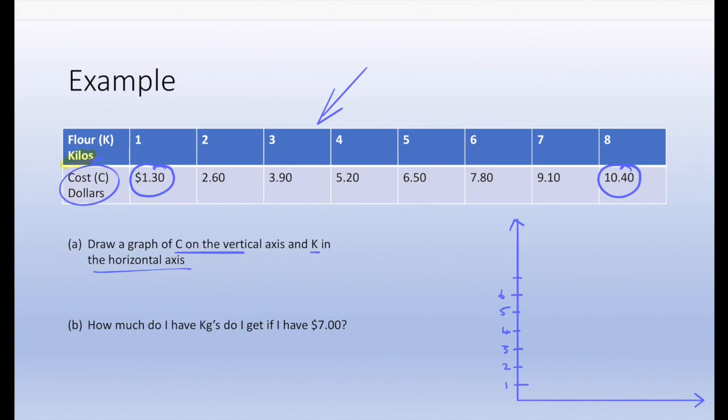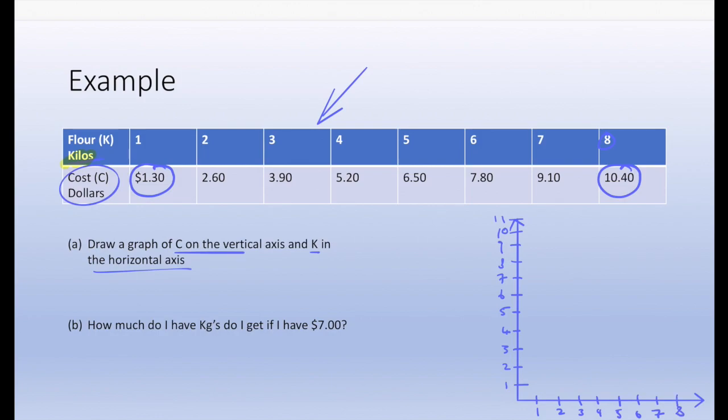Oh, there we go. I fit 11. Now, on the horizontal one, I need to go up to 8. So I'm going to go 1, 2, 3, 4, 5, 6, 7, 8.